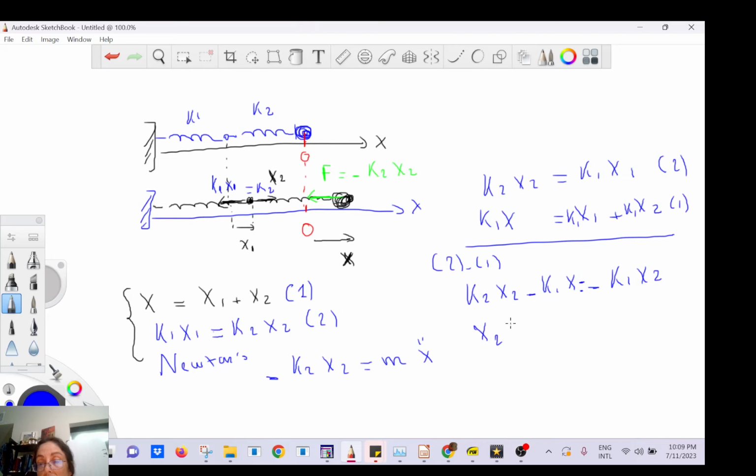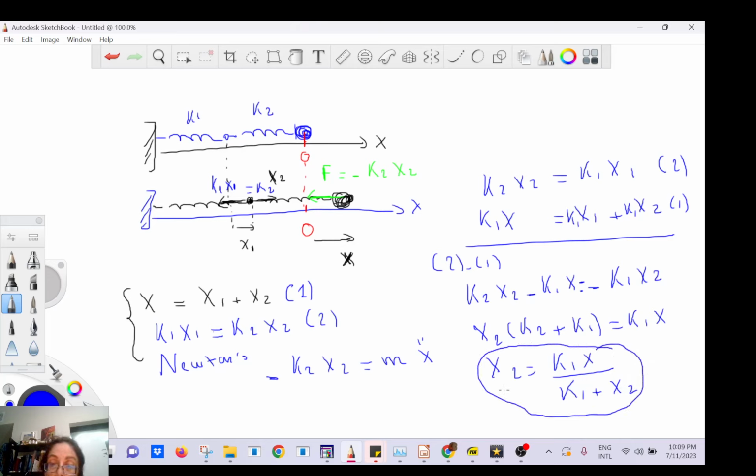So x2 times K2 plus K1 equals K1 x. So x2 equals K1 x over K1 plus K2.